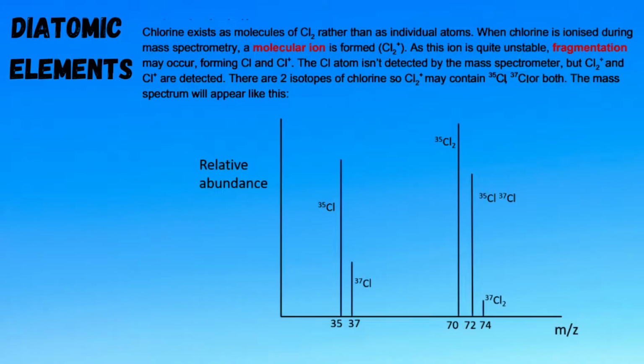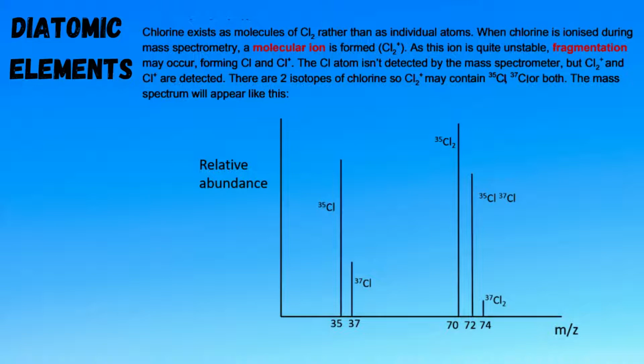If there are diatomic elements, the spectrum looks like this. For example, this is a spectrum of the chlorine molecule. When chlorine is ionized during mass spectrometry, a molecular ion is formed, Cl2+. As this ion is quite unstable, fragmentation may occur, forming Cl and Cl+. The Cl atom isn't detected by the mass spectrometer, but Cl2+ and Cl+ are detected.